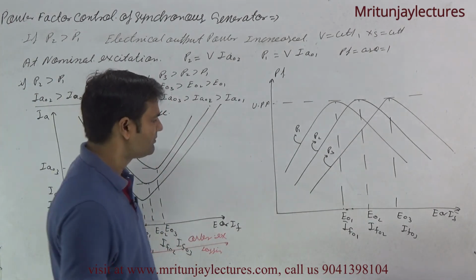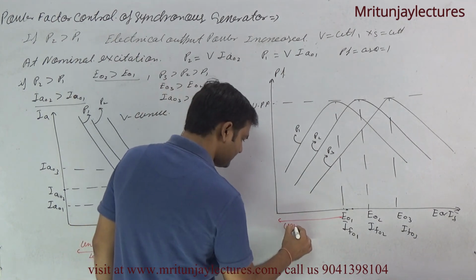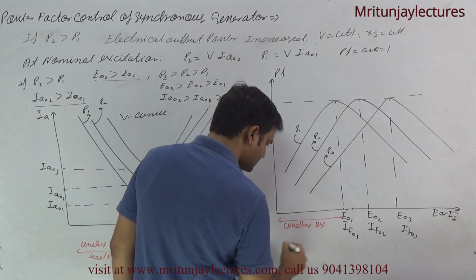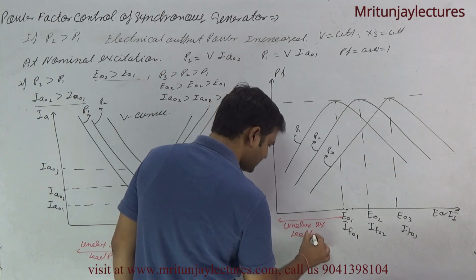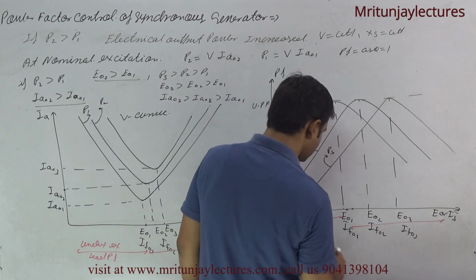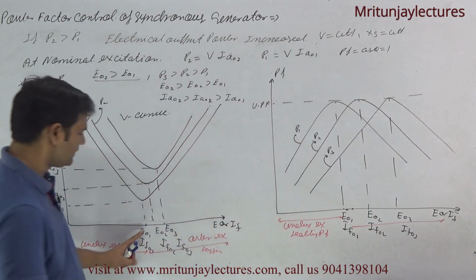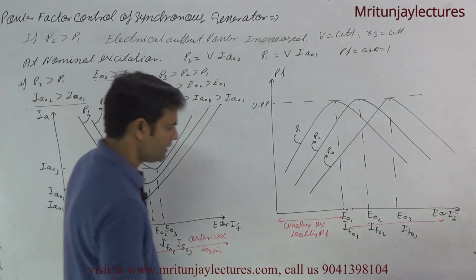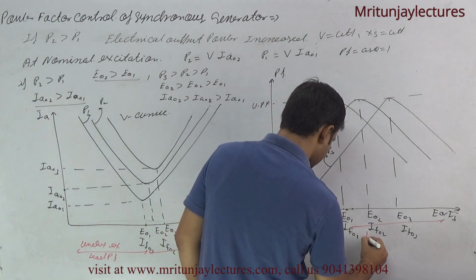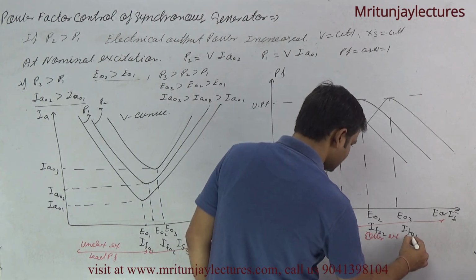Okay, same here also, that is under excitation, that is leading power factor, and this region represents corresponding to this one, plotting corresponding to this one. Okay, E01, and that is over excitation, that is lagging power factor.